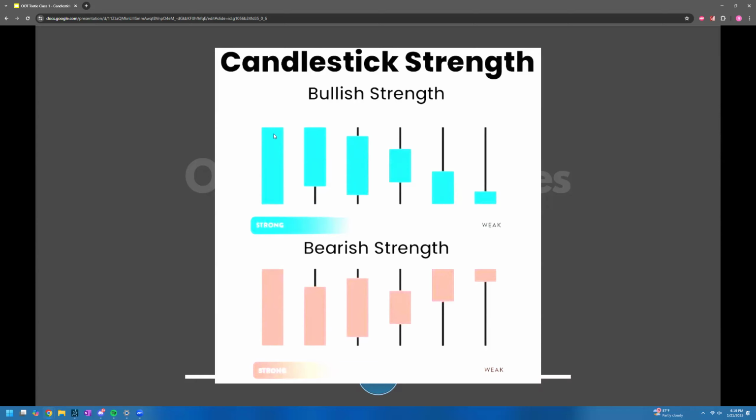They were relentless. Moving on to something that's a bit weaker, and this is very minor, but there's a small downside wick here, meaning at one point there were some sellers throughout the day, but they were ultimately overwhelmed by buyers, and we closed at the high of the bar. As we continue throughout the scale, we get longer wicks on both sides of the bar and smaller bodies.